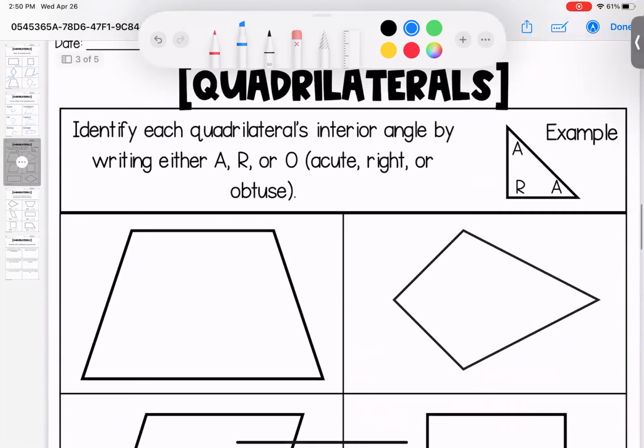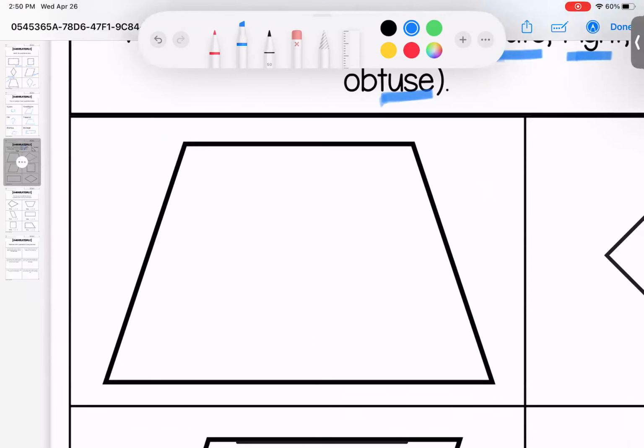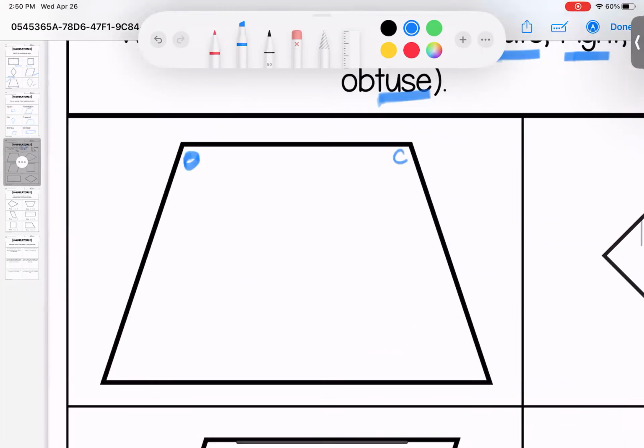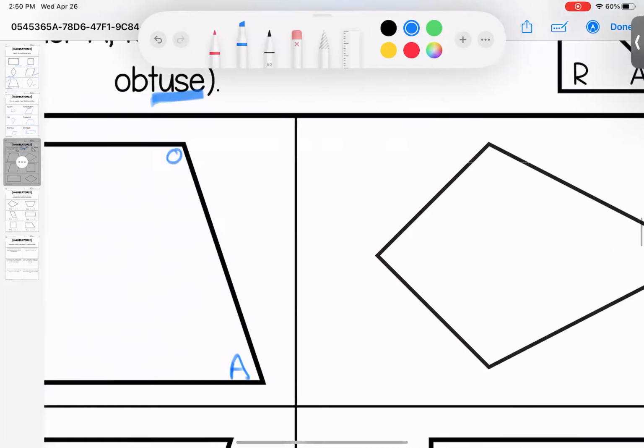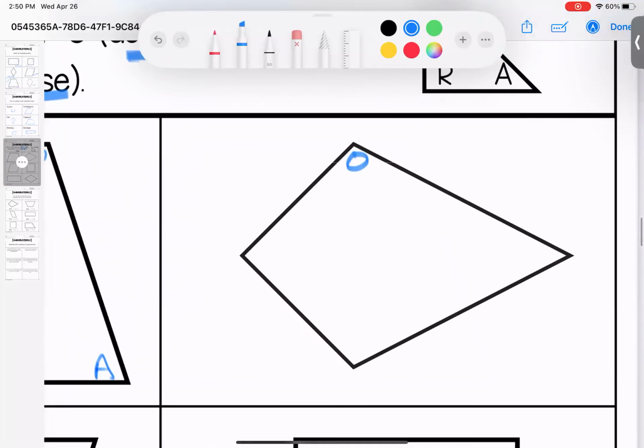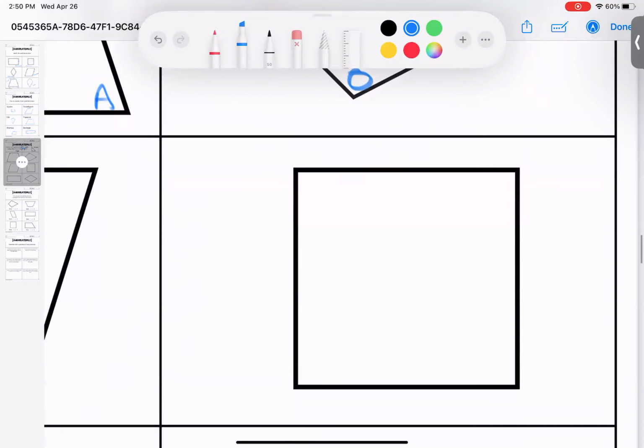All right, this time we are doing interior, or inside angles, and we're deciding if they're acute, right, or obtuse. So we have two obtuse angles. We could draw grown-ups on vacation, and two acute angles, or pinchy grandma fingers. Here we have obtuse, obtuse, obtuse, and acute. Remember, when in doubt, sketch it out.